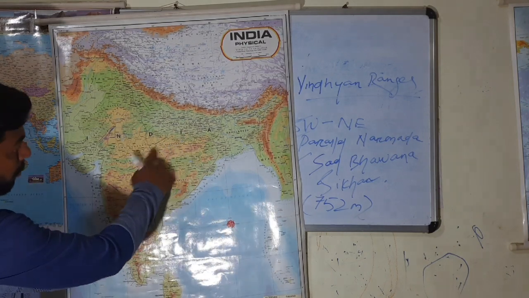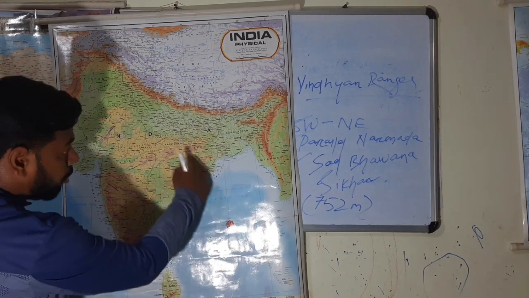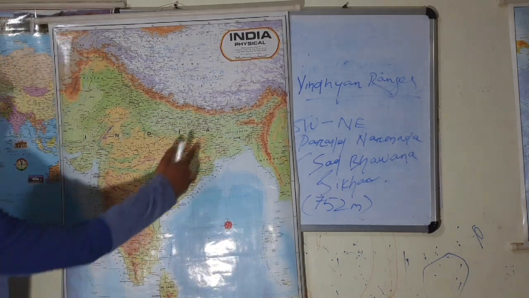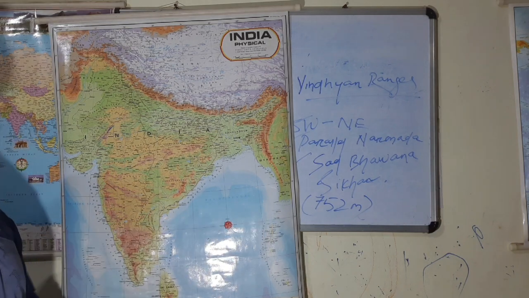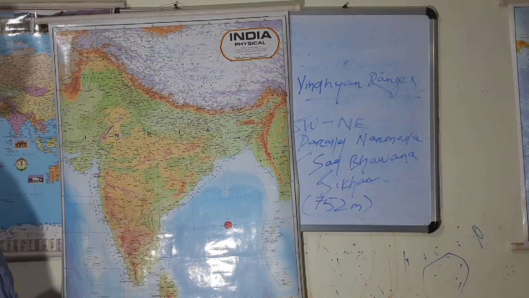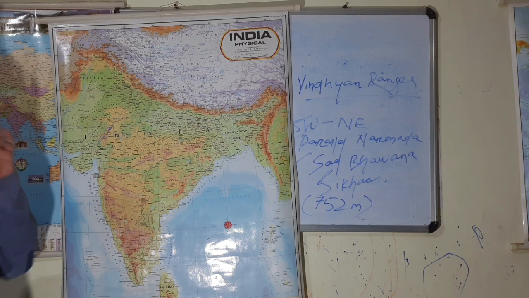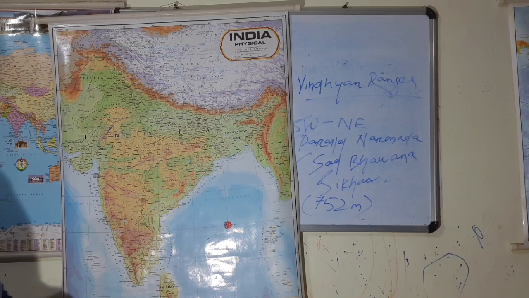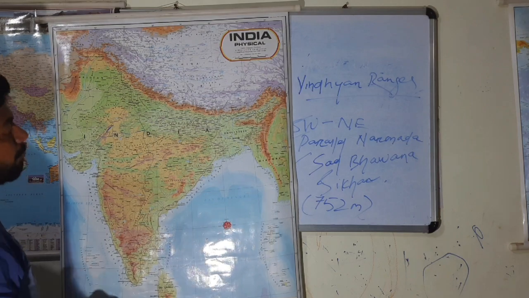Further eastward extension of Baghelkhand and Bundelkhand is called the Chota Nagpur Plateau. It is mainly rich in a huge amount of mineral resources, and Odisha comes under it. Fine, clear? So this part we have understood in detail, guys.